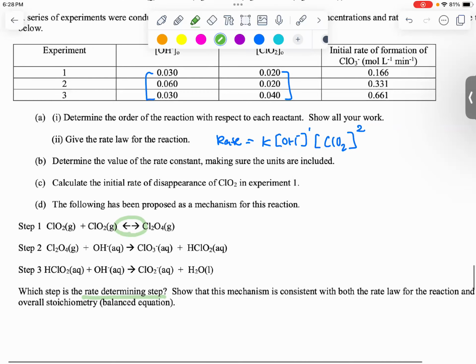Now remember how we said we determined the rate law from the rate determining step. So we are looking at the elementary steps, and we say, hey, which one would give you the rate law that is written above? And when you look at it, the answer would be none of them.